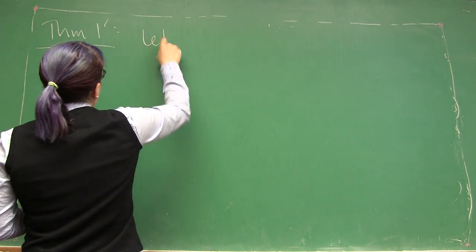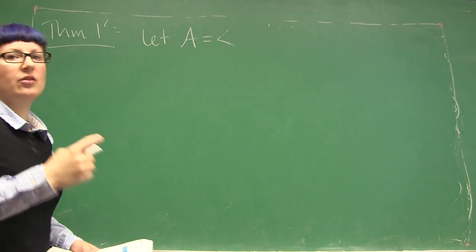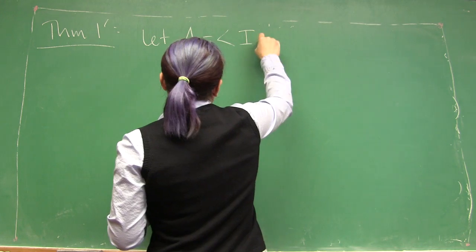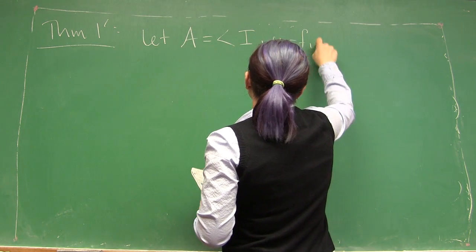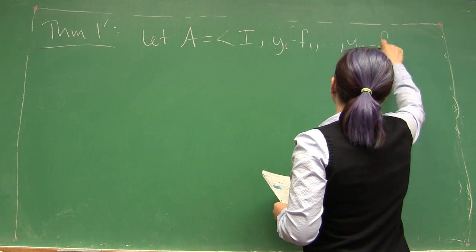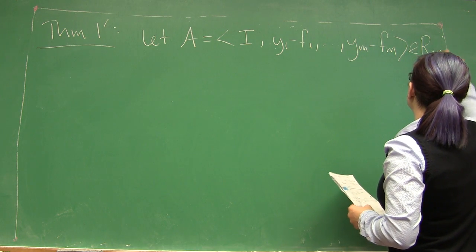Let A now be the ideal generated by everything in I as well as our differences of yi's and xi's. So this is an ideal in R xy.